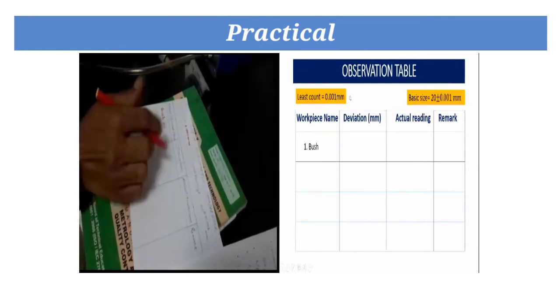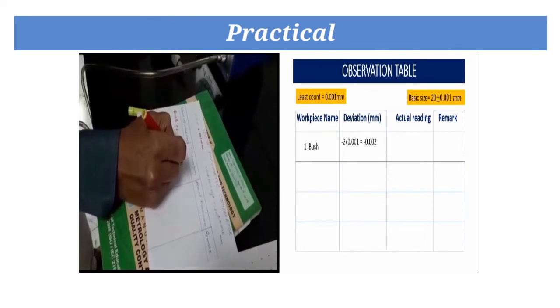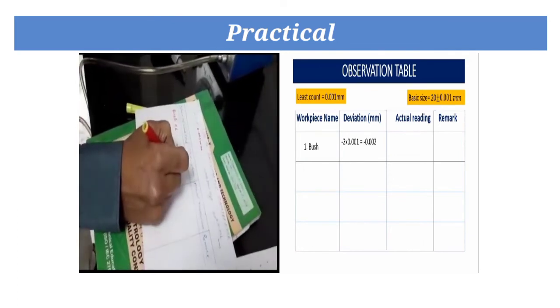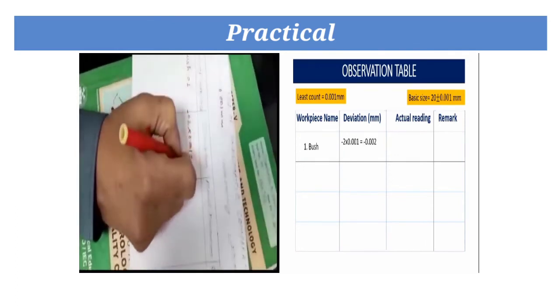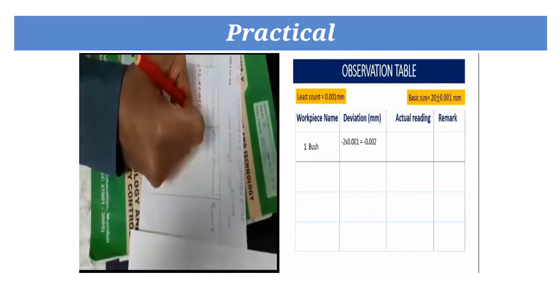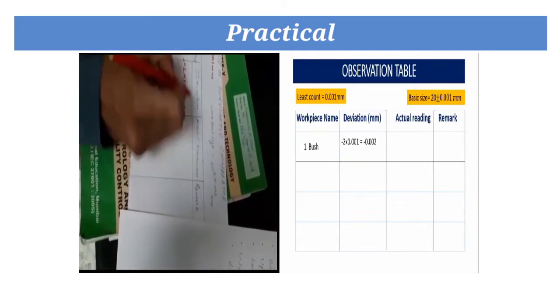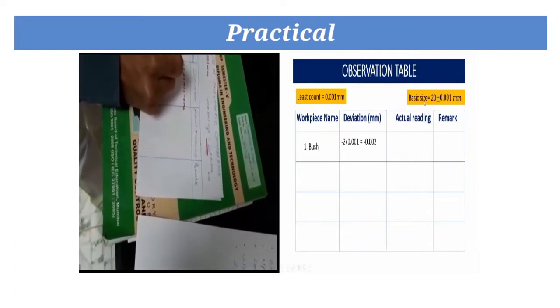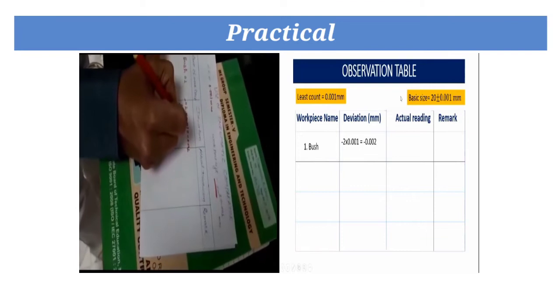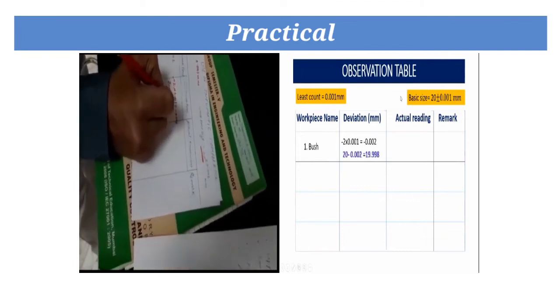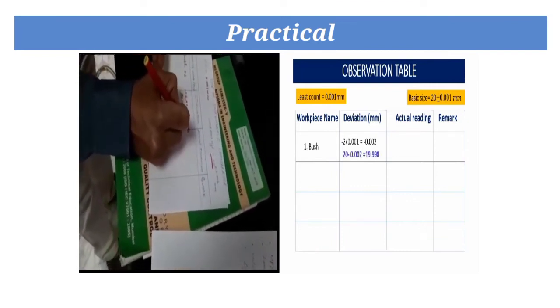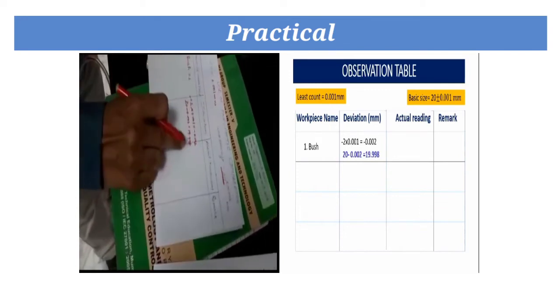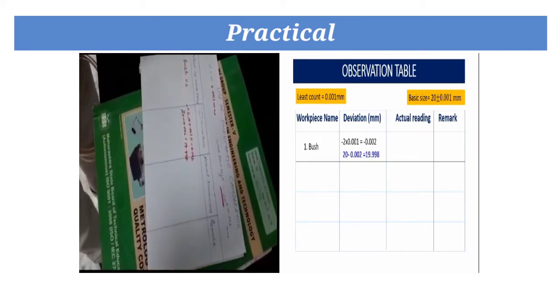Now deviation into least count, 0.001, that will be minus 0.002. So what is the basic size? I set it to 20 as the basic size, so 20 minus 0.002, that will be 19.998.